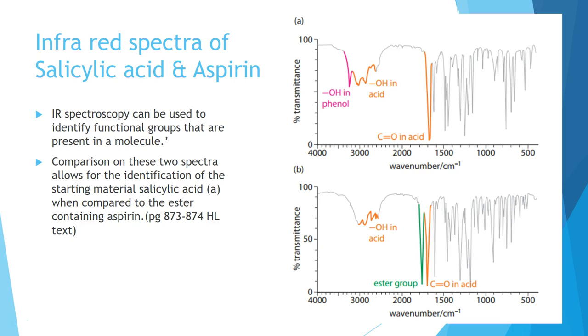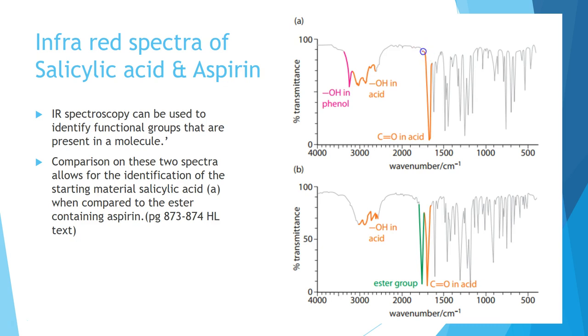But for now, what you need to be able to do is compare the infrared spectra, and we'll talk a little bit more on how these are obtained in class. IR spectroscopy can identify the different types of bonds that are present in a molecule, so it allows us to identify functional groups. And we get these characteristic peaks dependent on the type of bonds that are there.